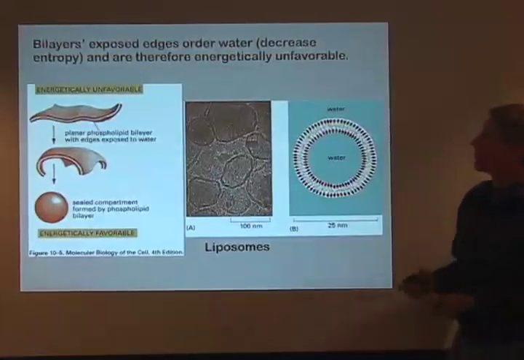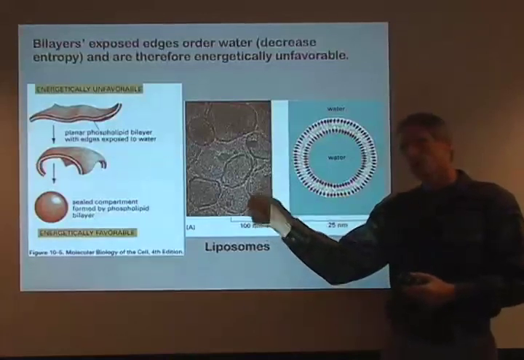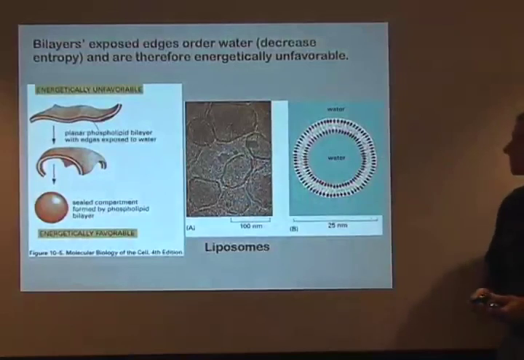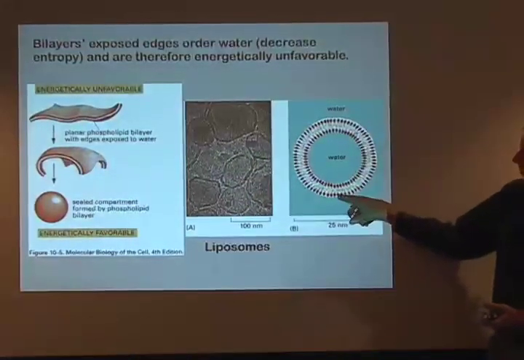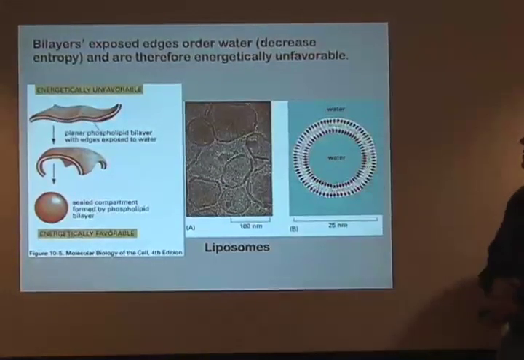And you can just make lipids and put them together, mix them up really well, and they'll form these things called liposomes. And they look like this. So the polar head groups are in red, the fatty acid tails are these little gray things here.